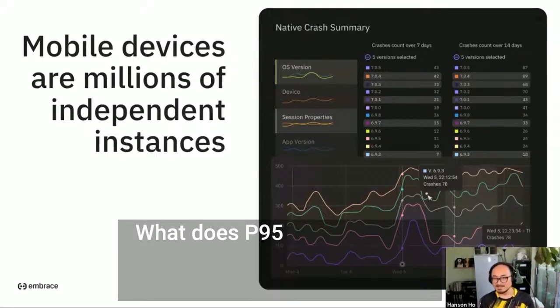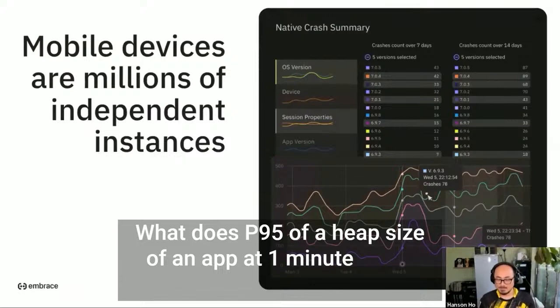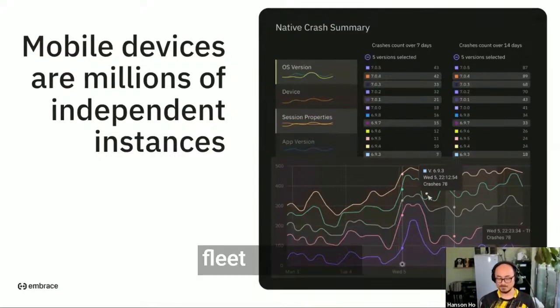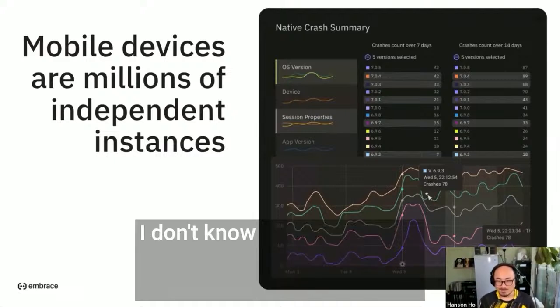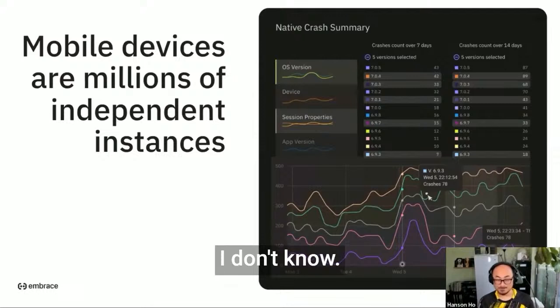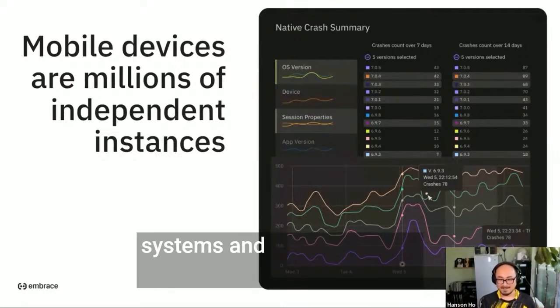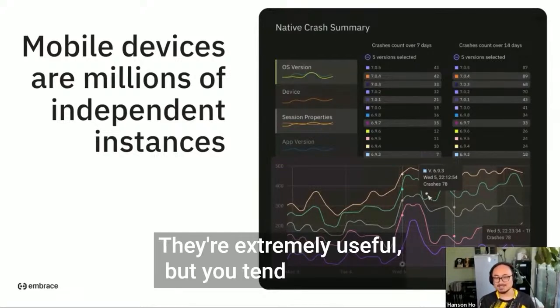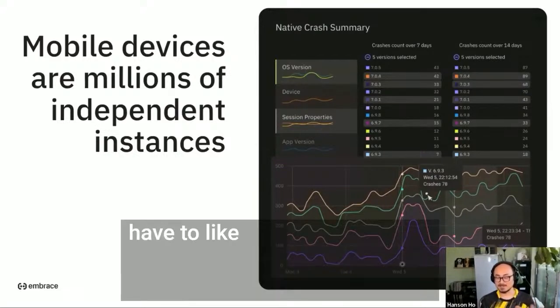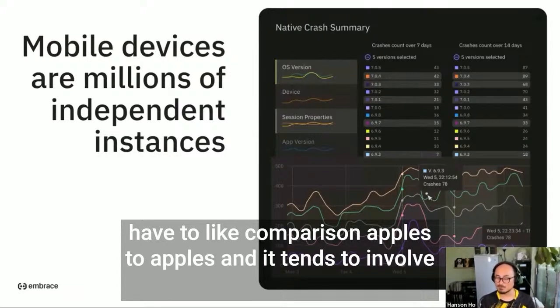What does P95 of heap size of an app at 1 minute mean when you look at the entire fleet of devices? Well, I don't know. When it increases or decreases, is that good or bad? Well, I don't know, because we don't know the reasons, because these are different systems. Not that metrics aren't useful on mobile, they're extremely useful, but you tend to need like-for-like comparison, apples to apples, and it tends to involve dimensions that are high in cardinality.